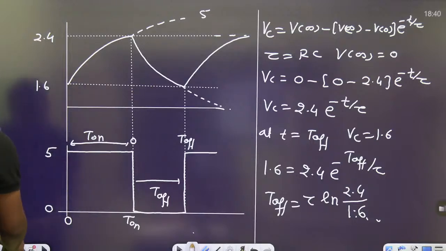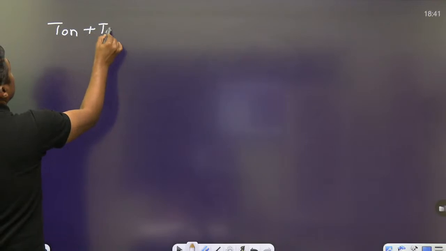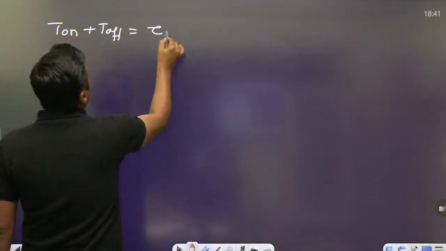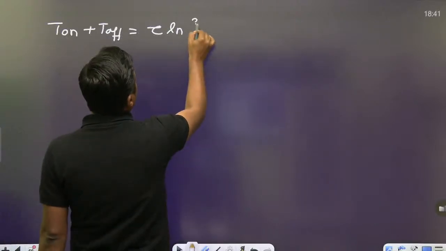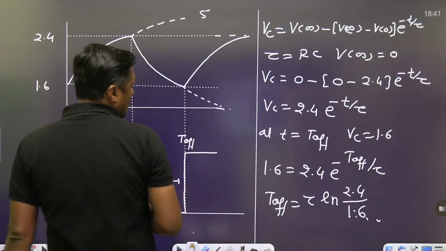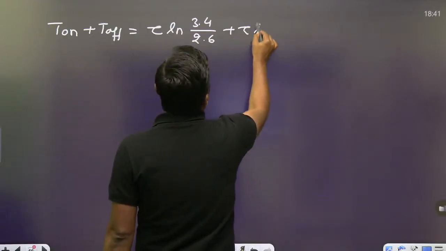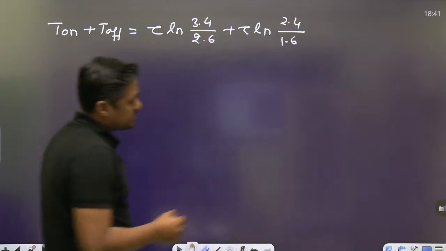Now finally calculate T on plus T off. This will become tau log of 3.4 divided by 2.6 plus 2.4 divided by 1.6.